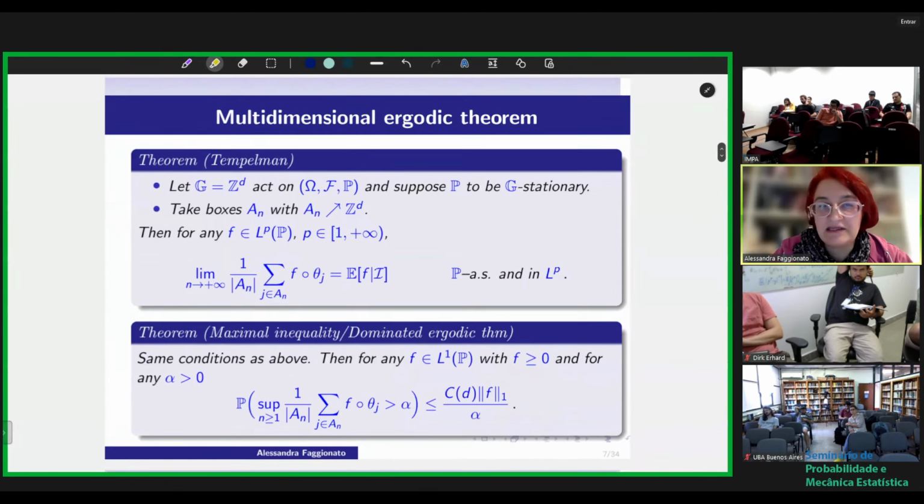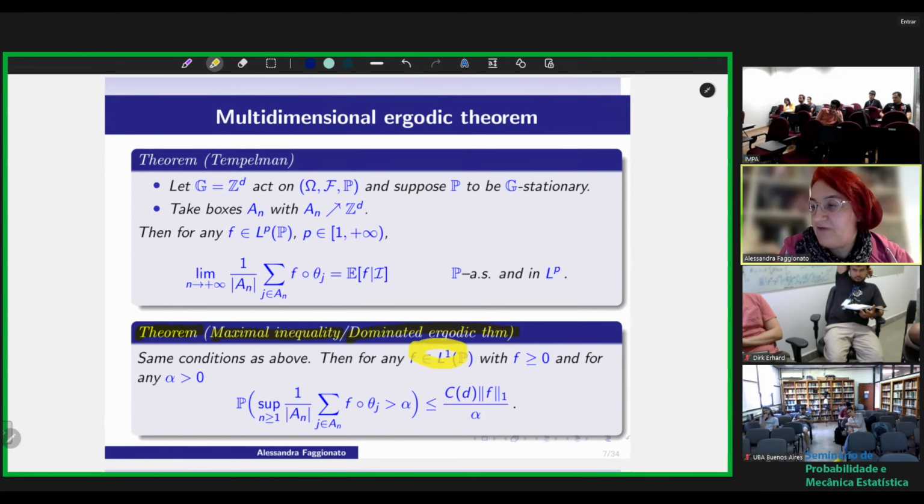Let me remark that behind this multidimensional ergodic theorem, there is another theorem at the basis, which is very important too, and it is the maximal inequality. It is similar to the Hardy-Littlewood maximal inequality in analysis, and it is also called the dominated ergodic theorem, which states the following, under the same conditions as before.